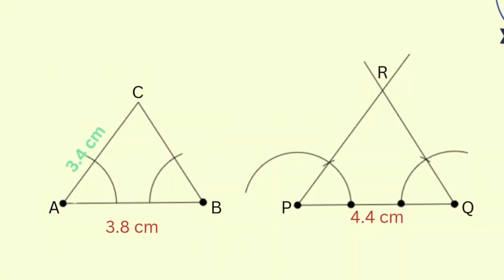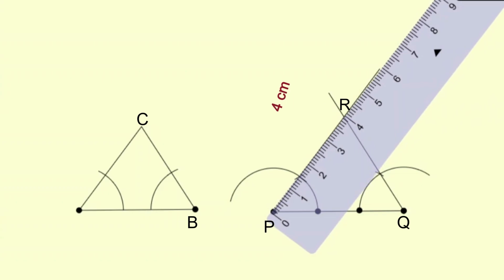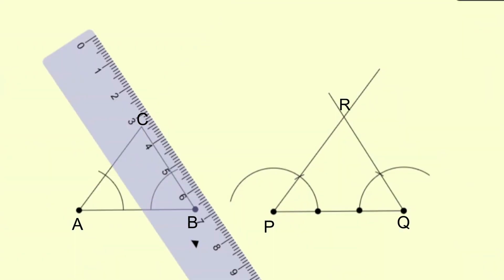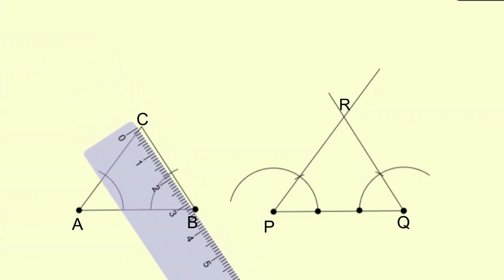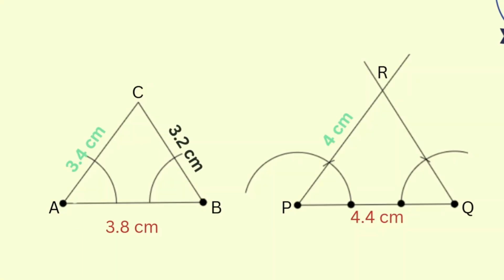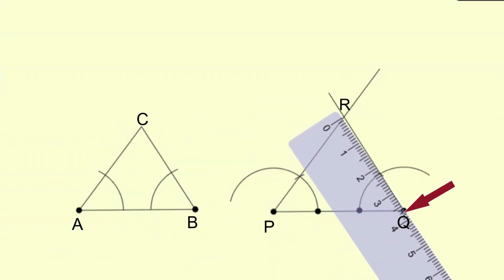Let's measure PR, which is 4 centimeters in length. Finally, we measure BC and QR. BC is 3.2 centimeters in length and QR is 3.7 centimeters in length.